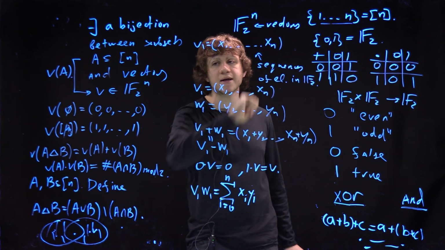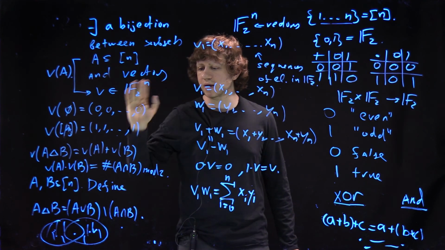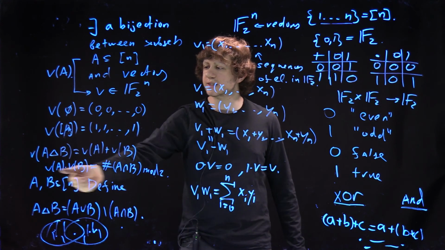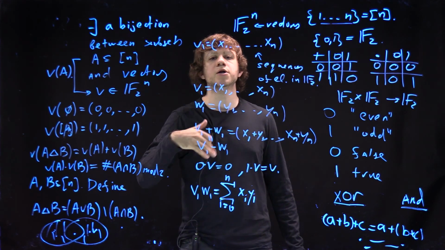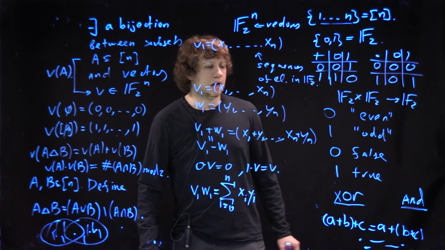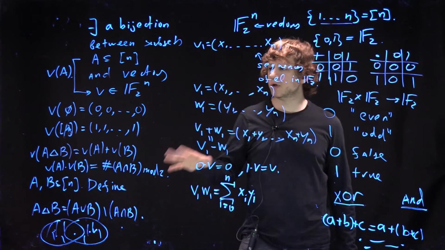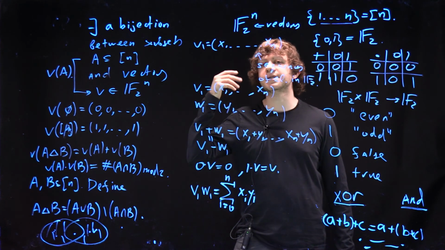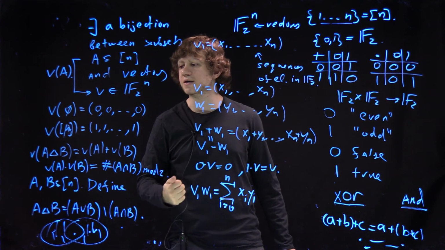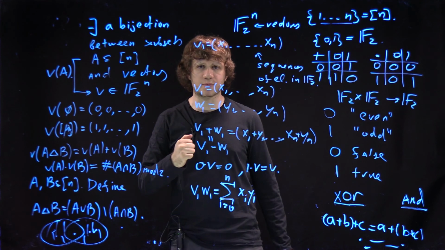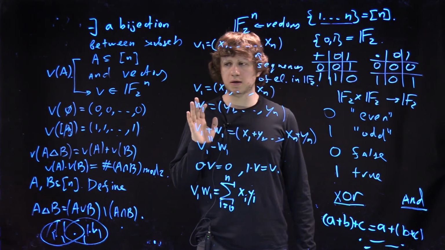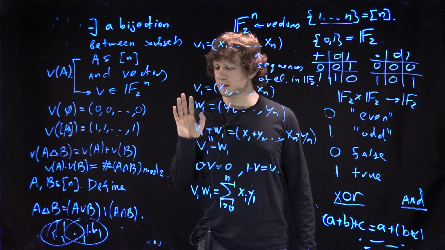It has dimension n, and you can use this scalar product and these sum vectors and bases and so on to prove some interesting problems in combinatorics, and we might talk about it later on. So I just wanted to elaborate on the fact that this bijection between sets and sequences not only proves how many sets there are, but also has remarkable properties. Okay, so let's move on then.